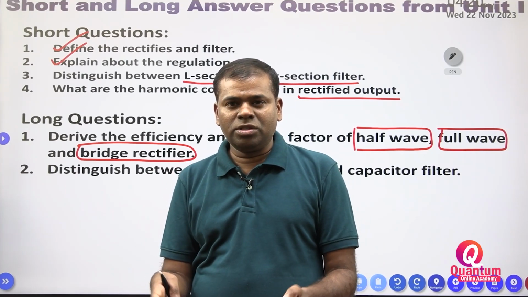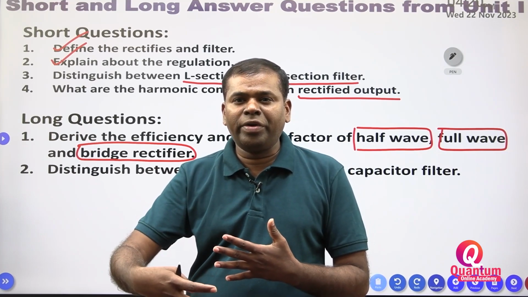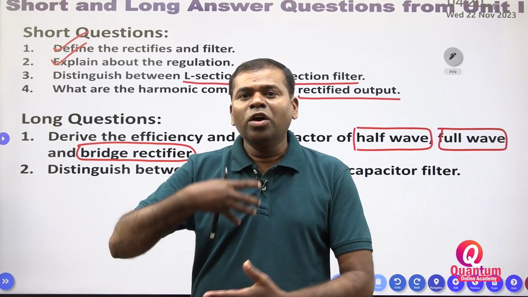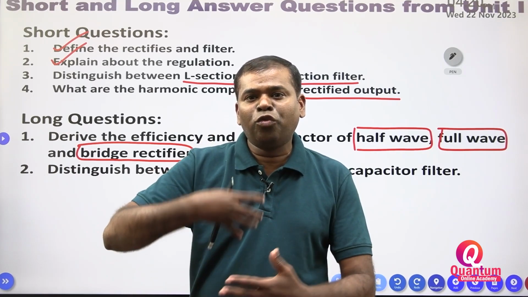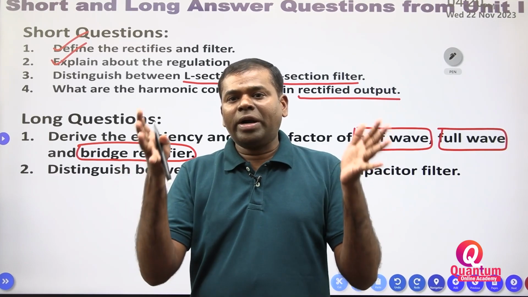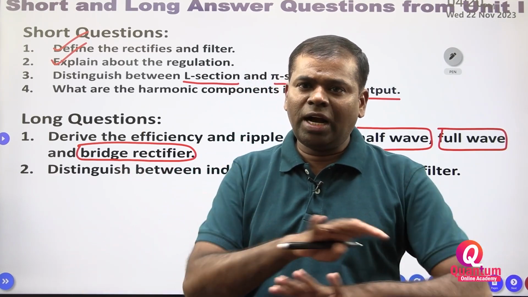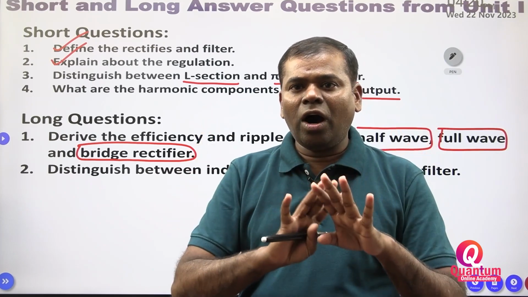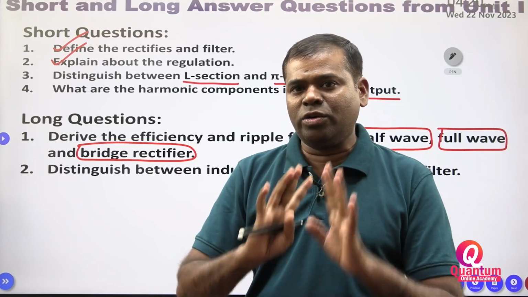Similarly, the half wave rectifier uses 1 diode, full wave rectifier uses 2 diodes, and a bridge rectifier uses 4 diodes. Peak inverse voltage, everything is there. So if any question comes, you have to read half wave, full wave and bridge as a single question.